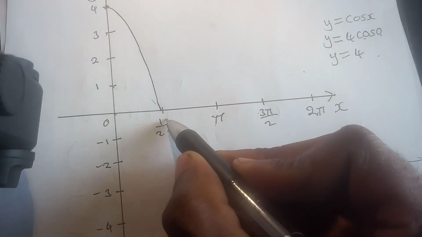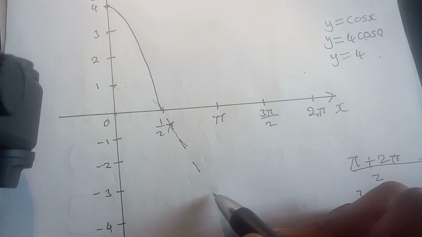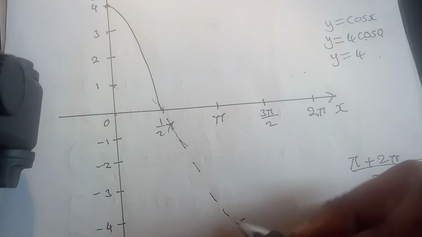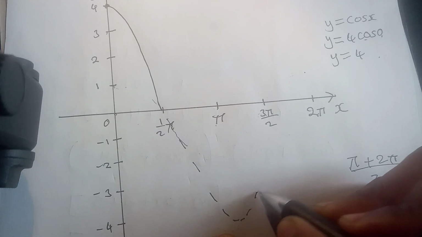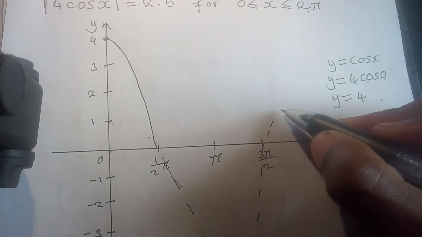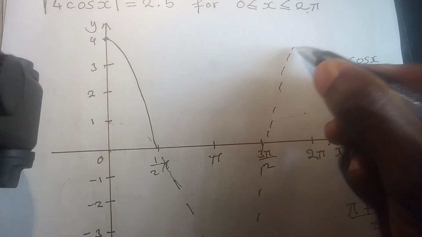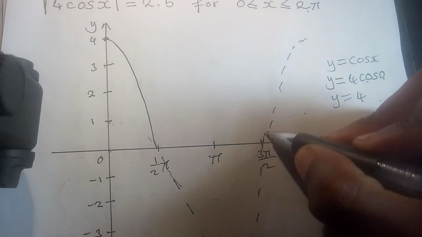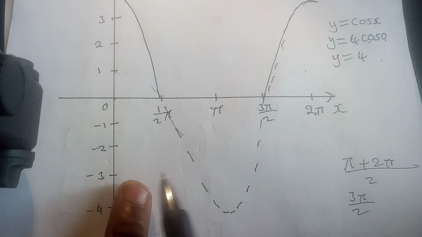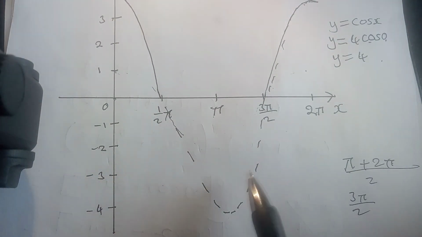I'll make a broken line instead. And then remember that the amplitude should be 4, like this. So you have something like this. Actually, this one will be solid. So I've decided to make this one broken because I don't need it.